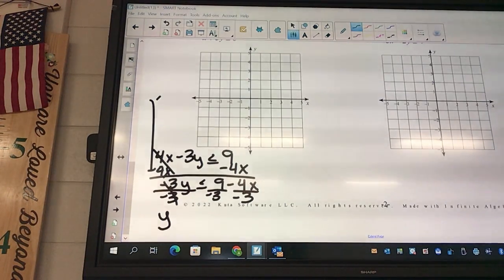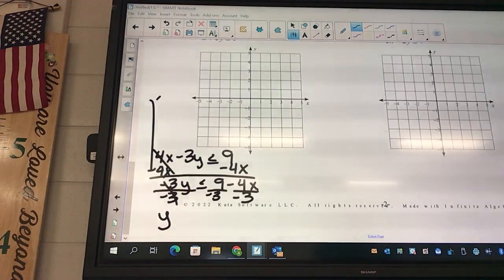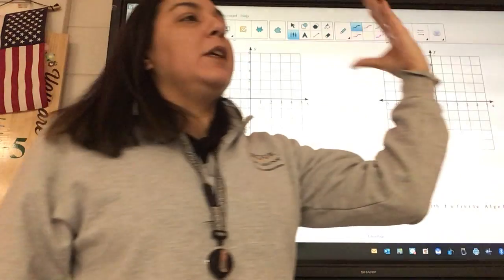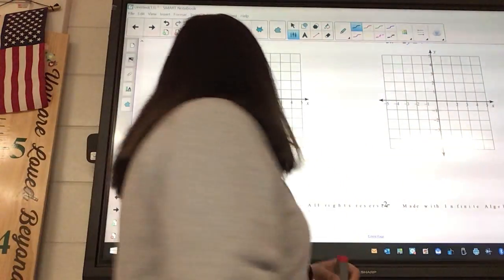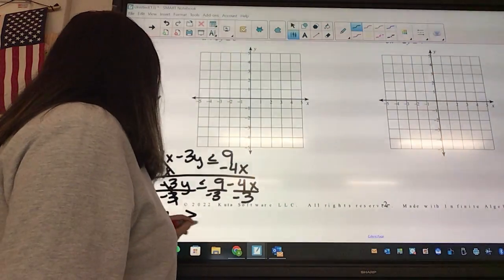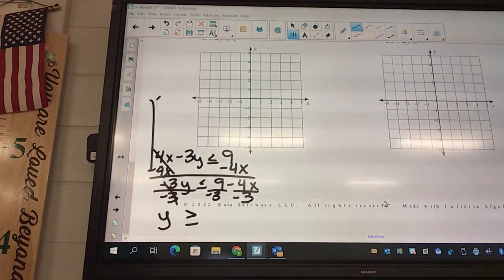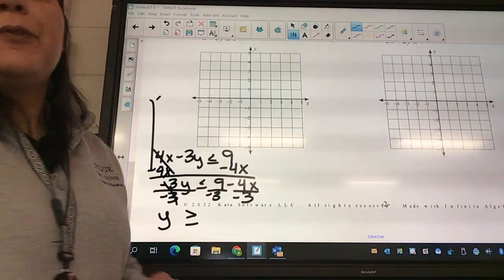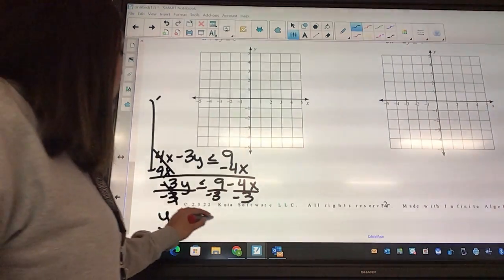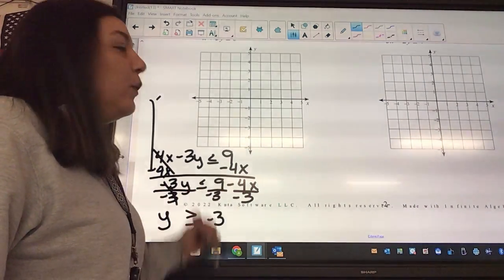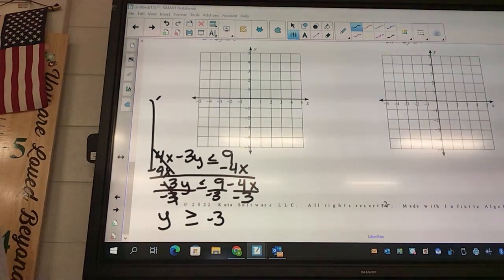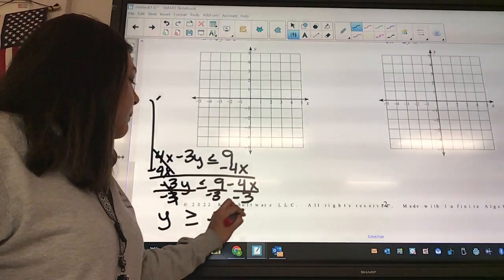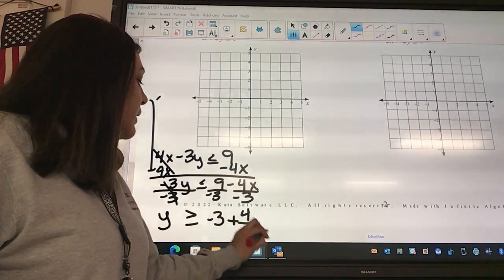So we divided by a negative 3, meaning that the sign needs to be turned the other way. What is 9 over negative 3? Negative 3. Negative 4 over negative 3. Plus 4 over 3x.